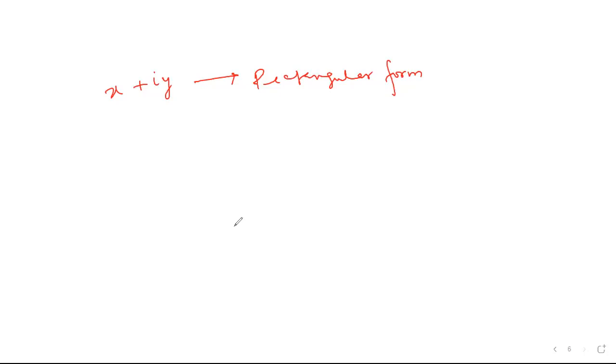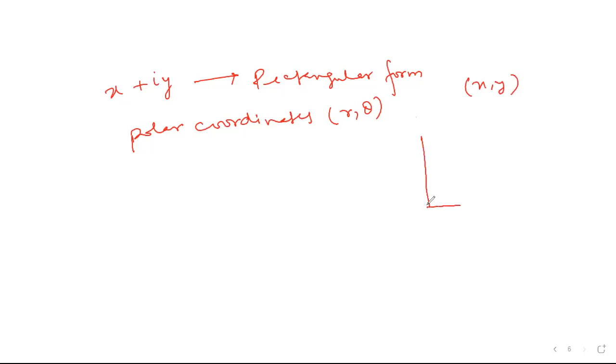Now, in analytic geometry, we can locate a point by giving its polar coordinates r comma theta instead of its rectangular coordinates x comma y, right?